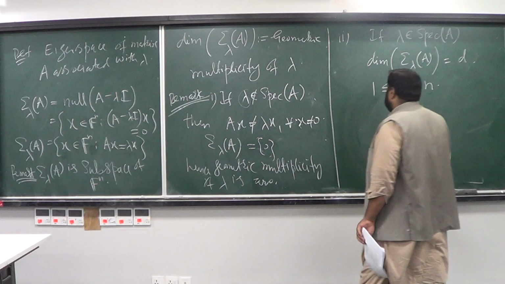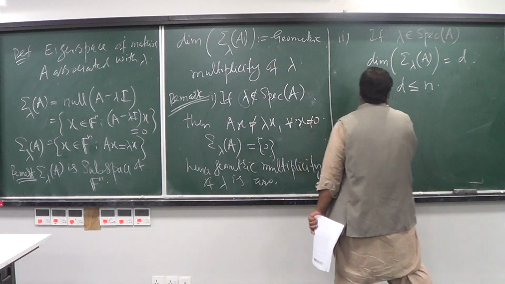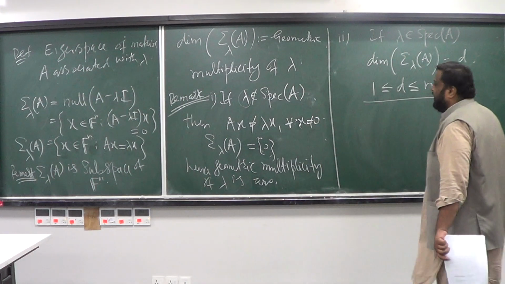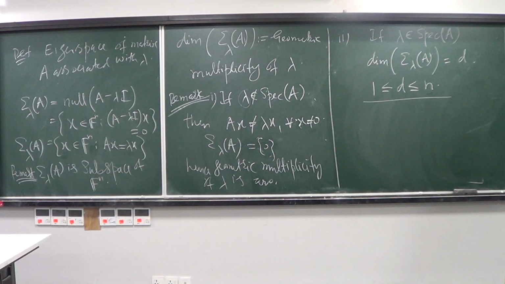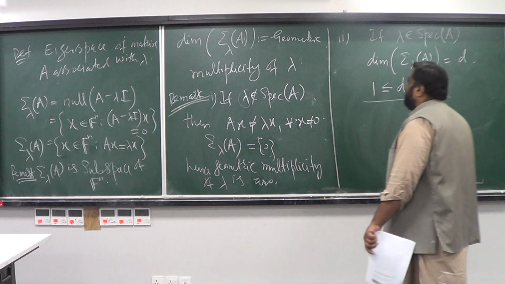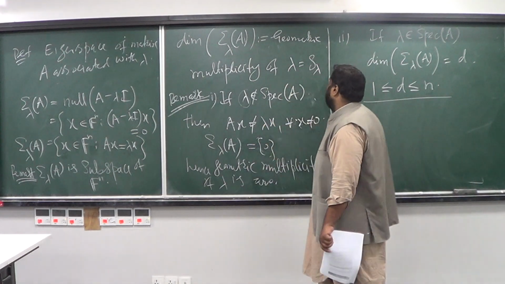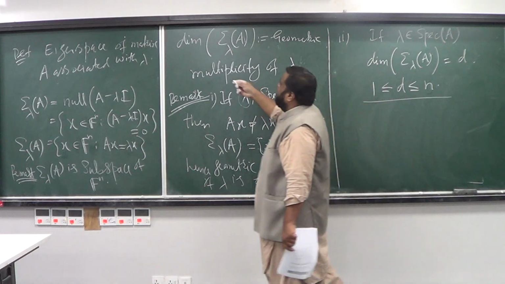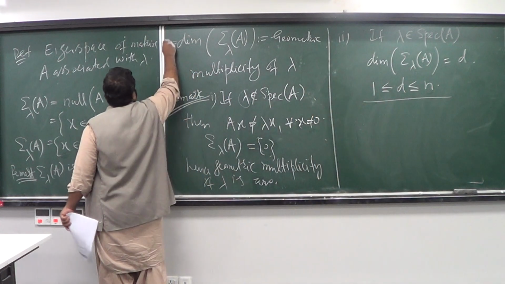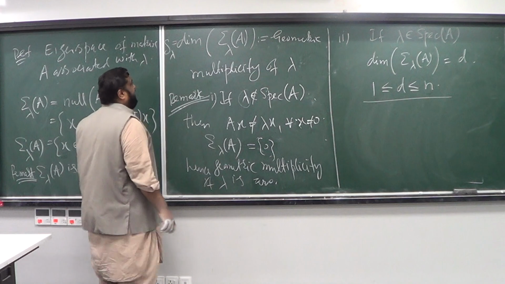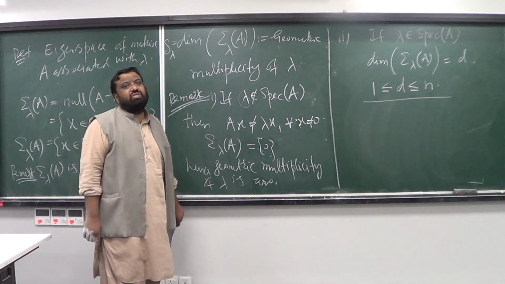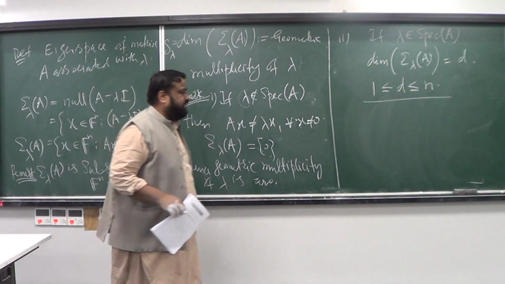If you want an explicit formula for the geometric multiplicity of lambda, let's denote it by G lambda. G lambda is the geometric multiplicity of lambda, equal to the dimension of the eigenspace of A.